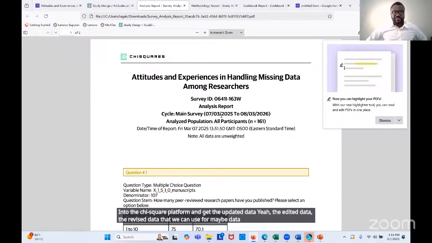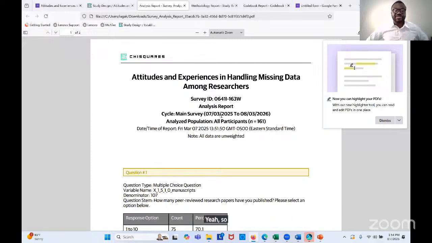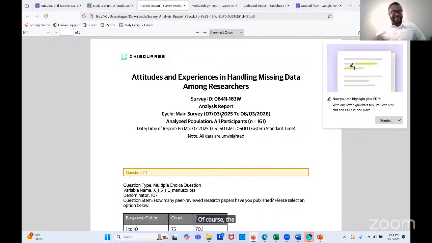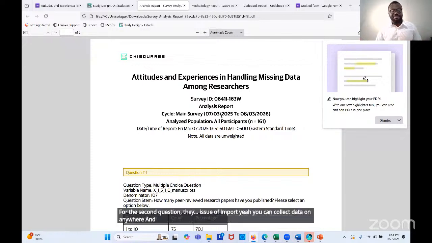Thank you. Yeah, so you can. For the first question, there will always be a free plan for individuals. Of course, the free plan will have limitations, but that will exist. For the second question, the issue of import, yes, you can collect data anywhere, and you can import that data into the platform to generate a report for you like this.